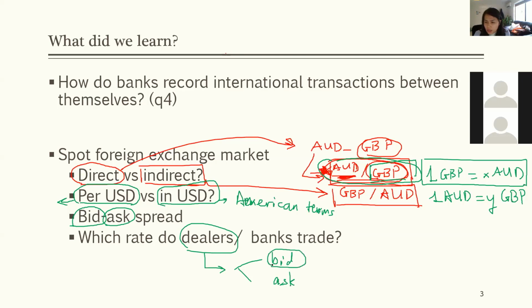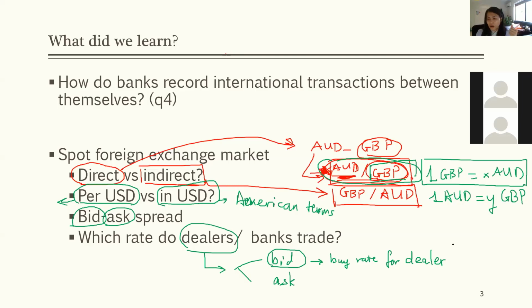The bid rate is the rate at which the bank or the dealer is buying. So if I have 1,000 USD and I want to sell, I'm going to the bank and selling to the bank at their bid rate.